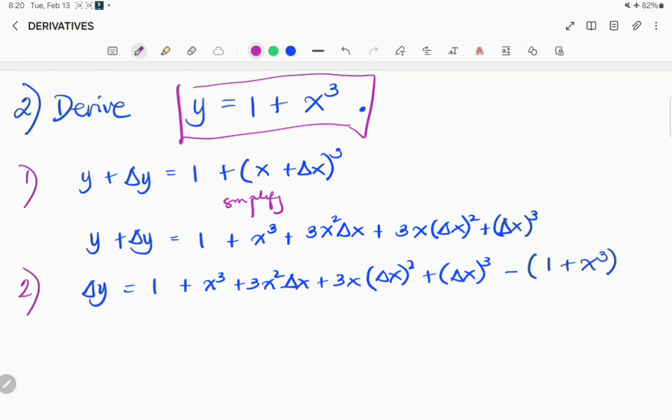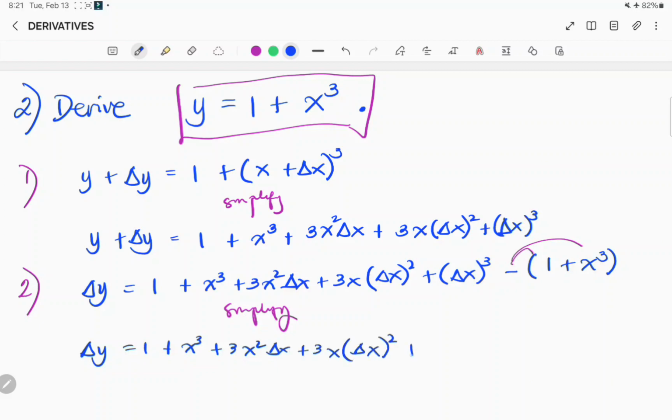And then we simplify the right side of the equation by distributing this negative sign inside this binomial. So it will become change of y is equal to 1 plus x cubed plus 3x squared change of x plus 3x change of x squared plus change of x cubed minus 1 minus x cubed.